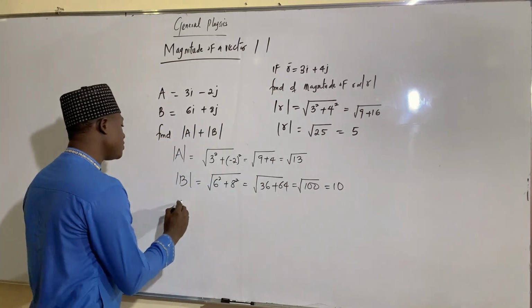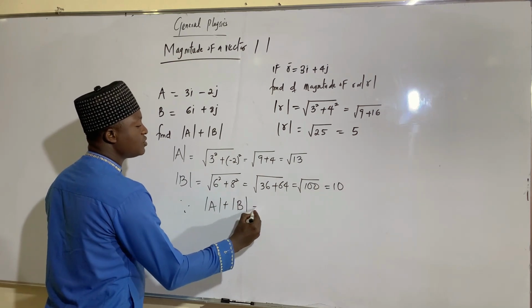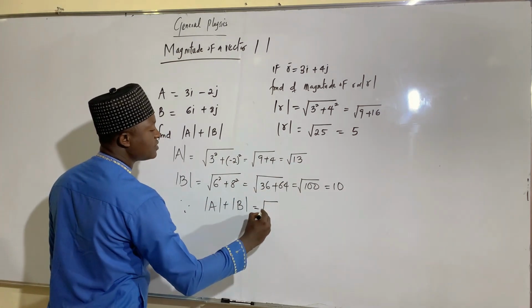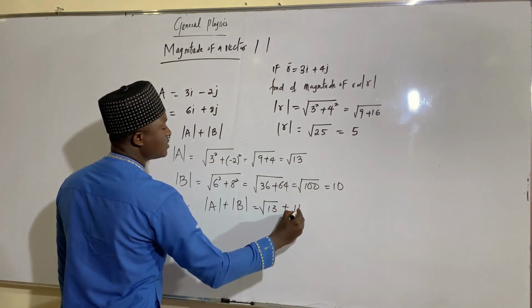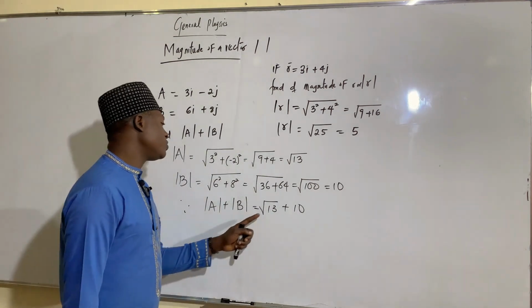The question says we should find the magnitude of A plus the magnitude of B, so I'll just substitute the values. For the first one I get root of 13, and for the second one I get 10. So the result is root of 13 plus 10.